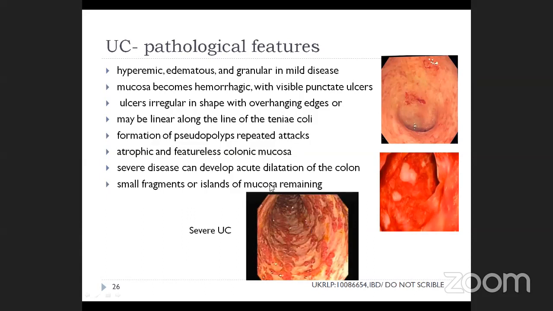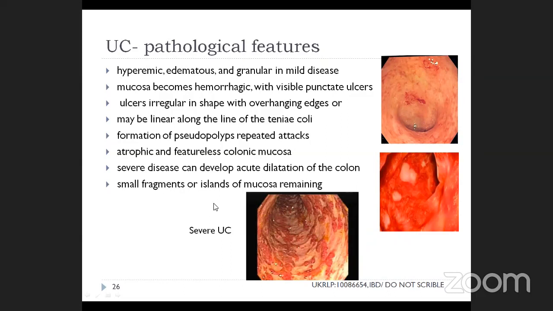Severe disease causes acute dilatation of the colon, and there can be chances of perforation. The most important thing which I want to stress is that the ulcers in ulcerative colitis have overhanging edges. That means undermined edges or overhanging edges of the mucosa, which is a classical feature of ulcerative colitis.